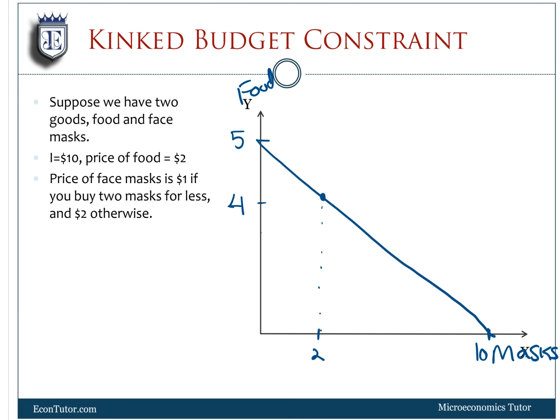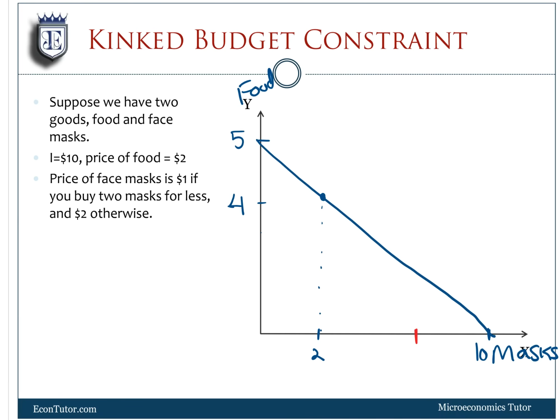Well, I will have $2 left, and so I spend it on masks. But what if I want to buy more masks? The price here is going to be $2, so this line is going to bend inward. If I spend the remaining $8 on masks, I don't actually get 8 more masks. I will only get 4 more masks. So I will be somewhere here.